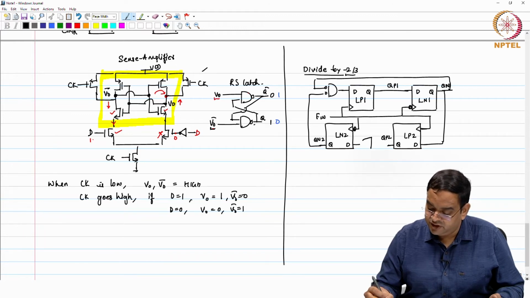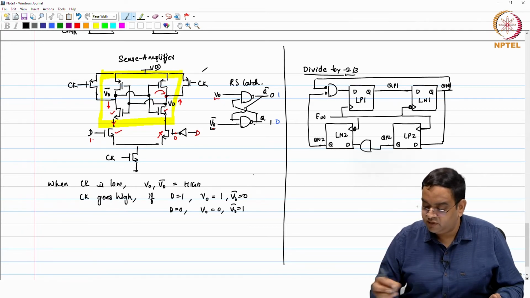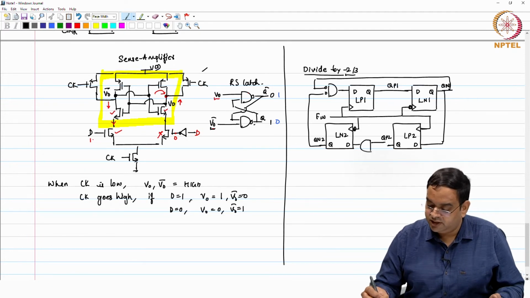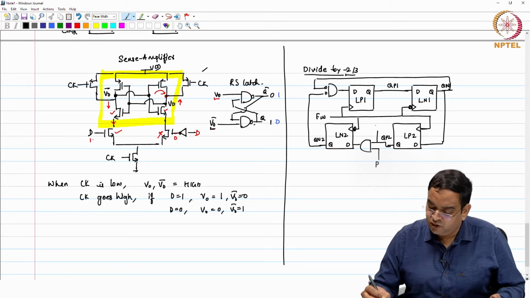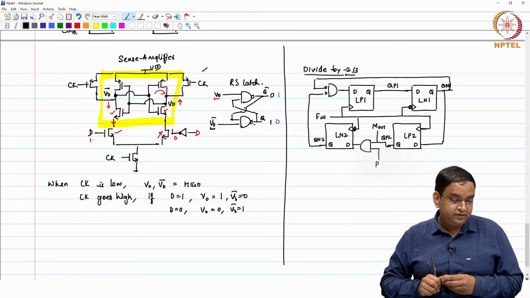We will see how the division happens by 2 by 3, just hold for a minute. So, you have one connection coming from here and another connection is external connection P. This QP2 is also quite often written as M out. We will see what it does.